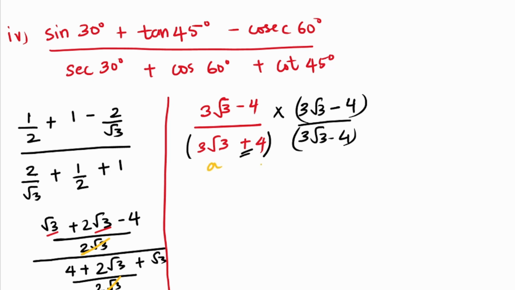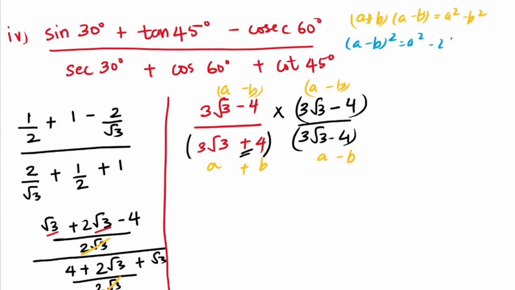You can see this is a plus b, this is a minus b, and a plus b into a minus b equals a square minus b square. In the numerator this is a minus b, here is also a minus b. The formula is a minus b whole square is a square minus 2ab plus b square.